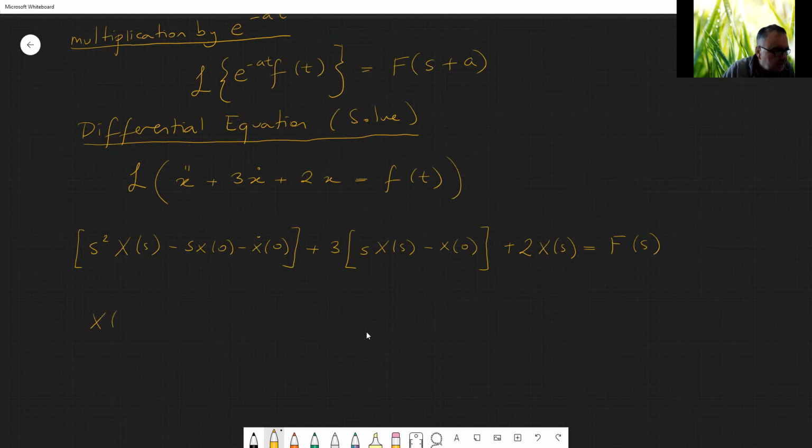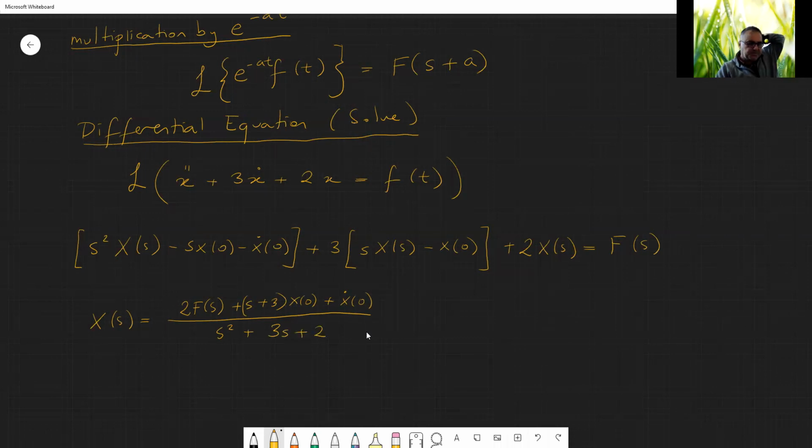So we can write X collecting the terms. We can write it as follows: X of s equals F of s plus the initial condition terms, over s squared plus 3s plus 2. Okay.